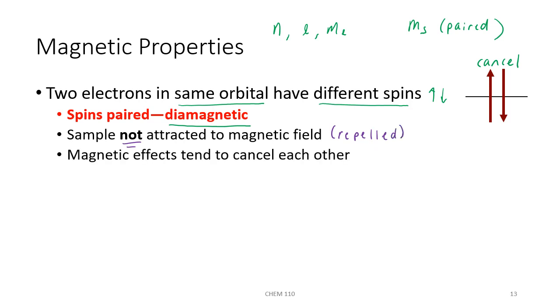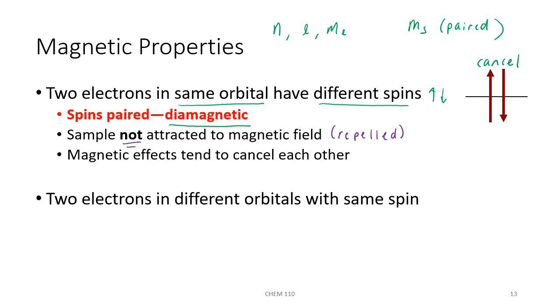The other situation we can have is 2 electrons in different orbitals, and they would have the same spin if they're in equal energy degenerate orbitals. And if that happens, we'd have a situation where we have 1 electron that's spin up and another electron in a different orbital that's spin up.